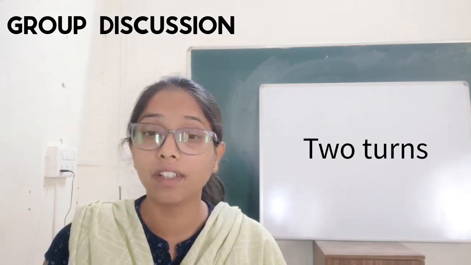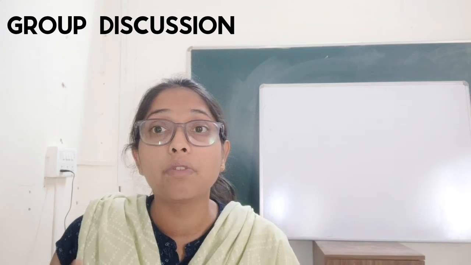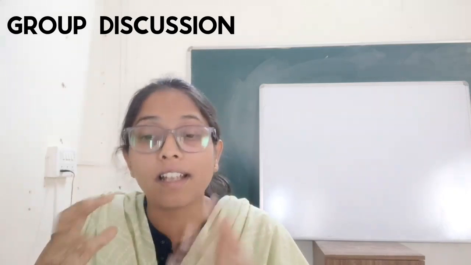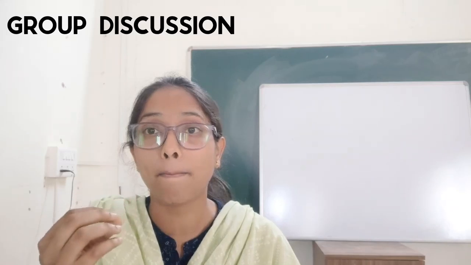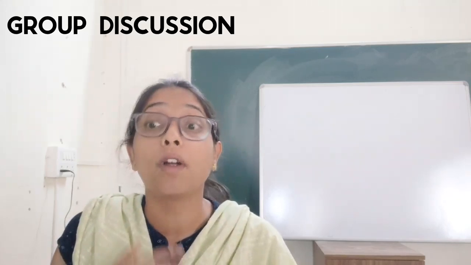The first turn is to put forth the required information in the group discussion, and the second time you take a turn is to reiterate, to tell your thoughts and ideas again, or your point of view again. This is what you will use your second turn for.